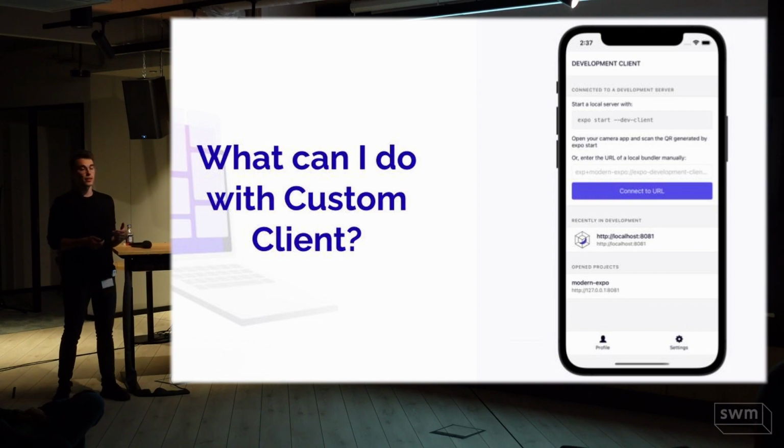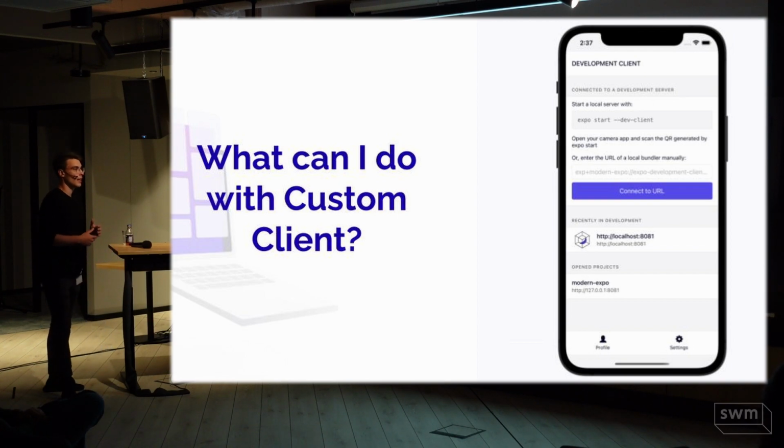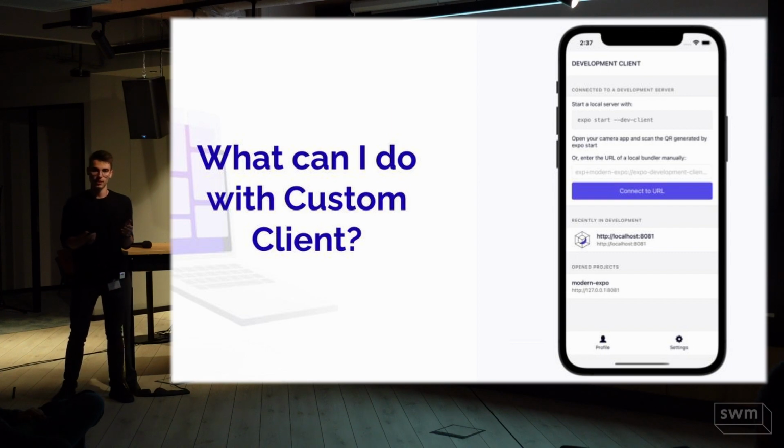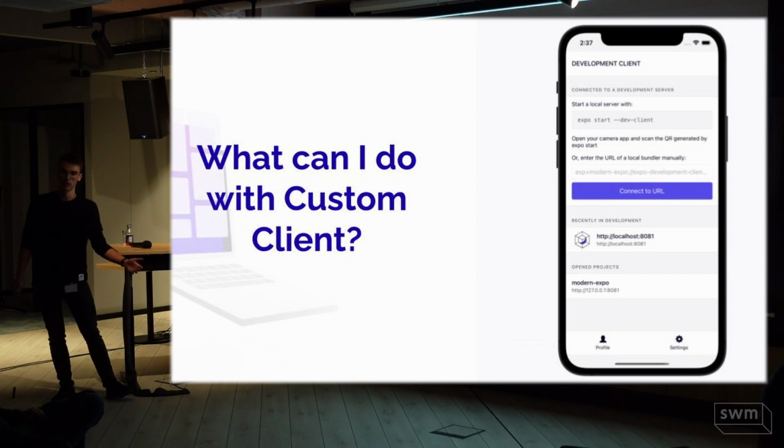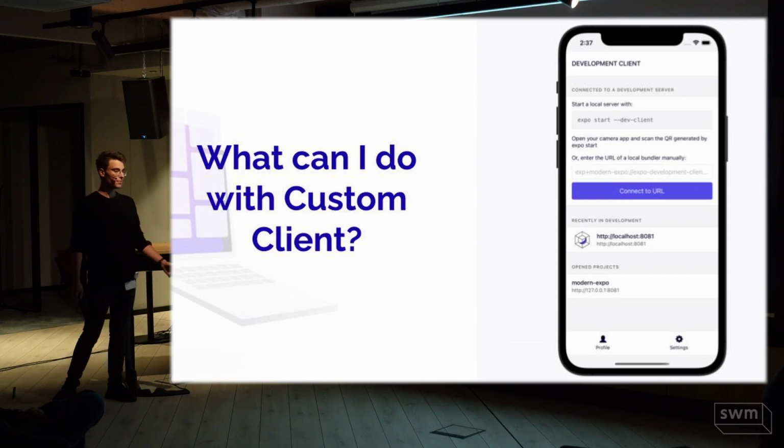Also, you can run projects hosted by Snack, the Expo online editor. And since the custom client is tailor-made just for your project, you can fully customize it, and everything will behave and work identically to the release build of your application.